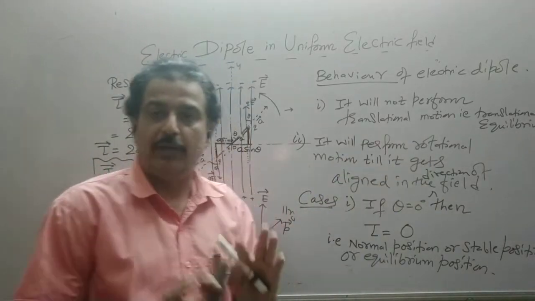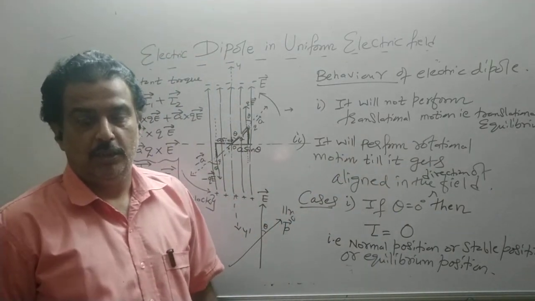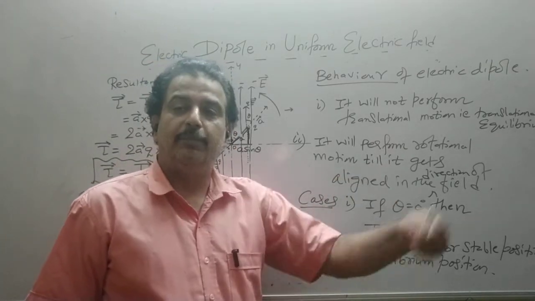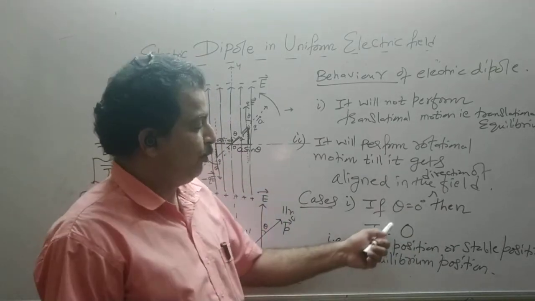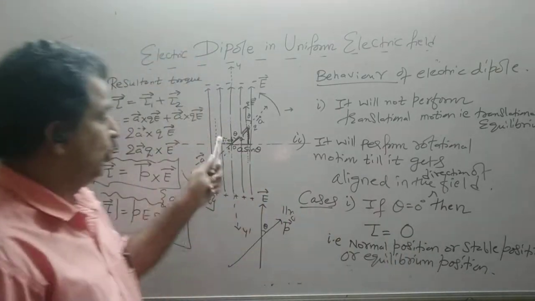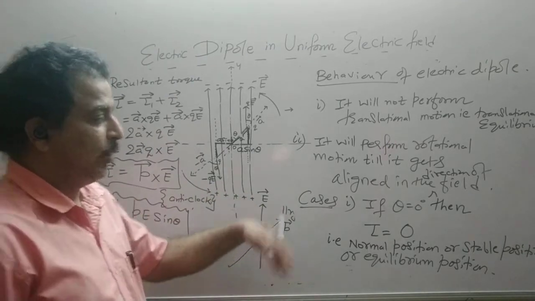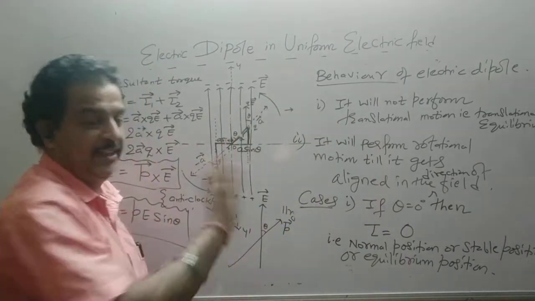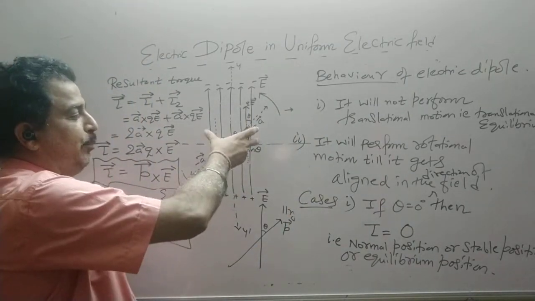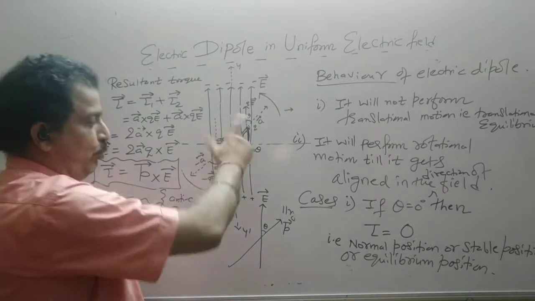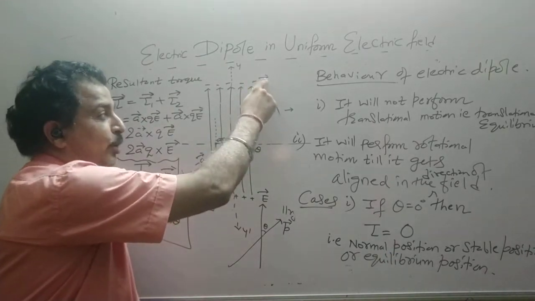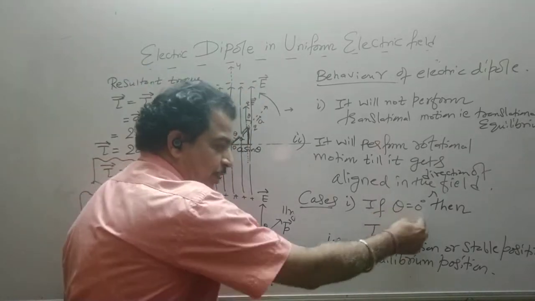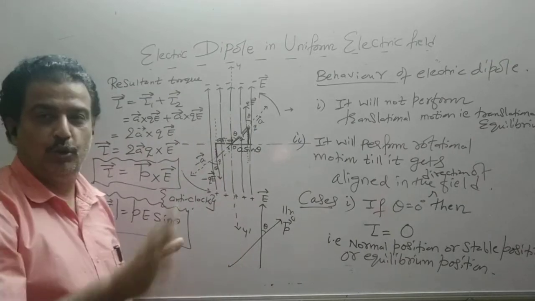Translational motion तो कभी perform करेगा नहीं. It will perform rotational, rotate करेगा when it makes some angle. Now directly if you place at 0 degree, it will not perform the rotational motion also. ये तो कभी करने वाला ही नहीं है. एक पॉइंट यहां से चल के वहां नहीं जाएगा. इसकी possibility rotate होने की है, either clockwise or anti-clockwise depending upon the orientation of a dipole in the field. अगर थीटा 0 पे ही रख देते हो तो घूमेगा भी नहीं.